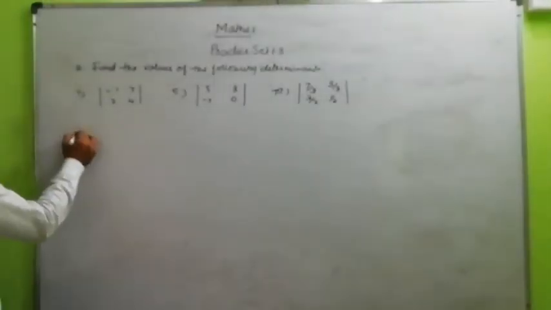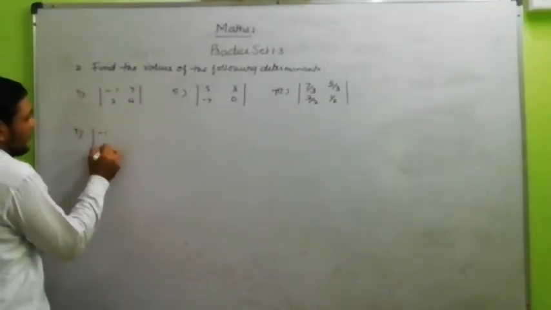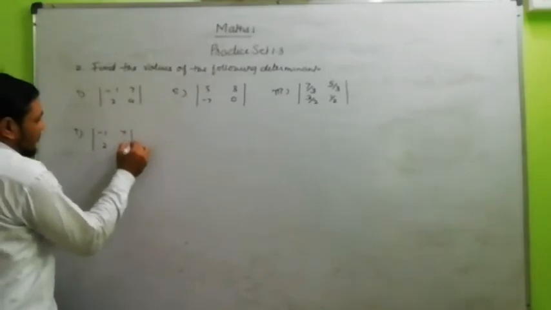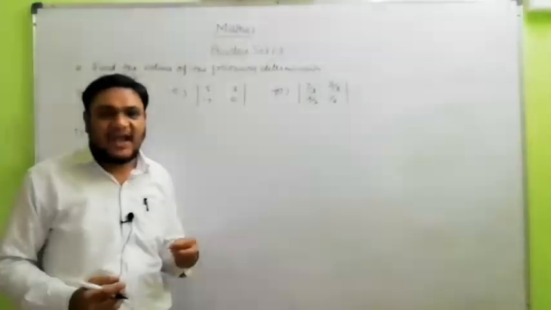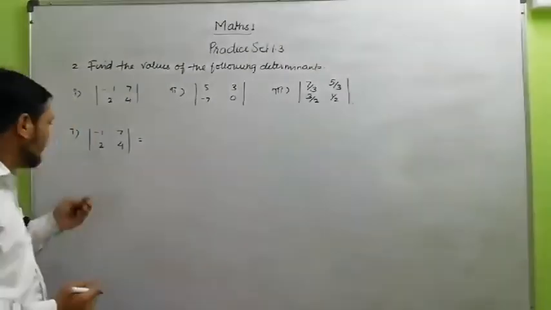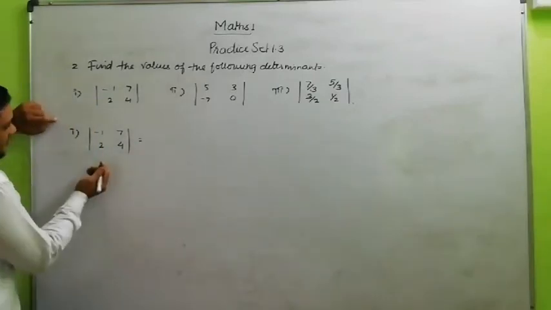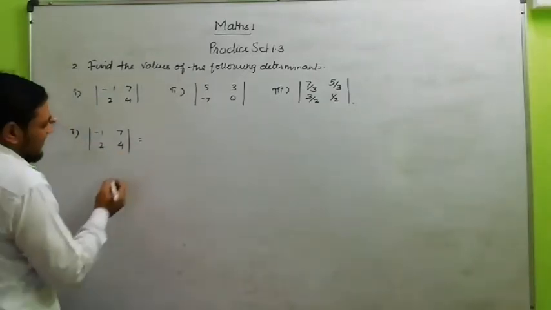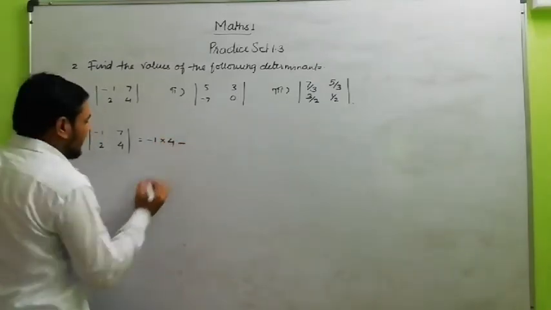We will take the first determinant here. It is negative 1, 2, 7, 4. You know how to solve this determinant, as I have shown you in the previous lectures. First we multiply negative 1 by 4, and this negative sign will be given here.